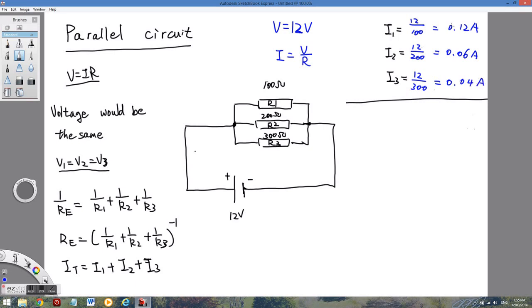Now that's basically I1, the current that goes through. Let me label it I1, I2, and I3. By adding them up, I have the total current. The current here will be I total, also here.